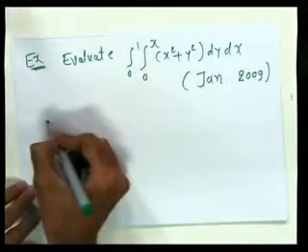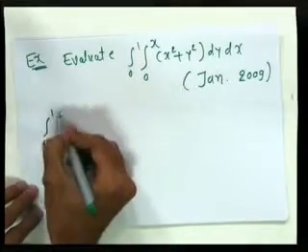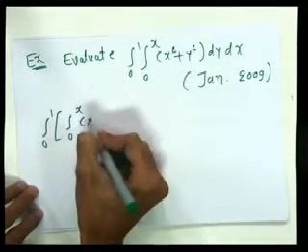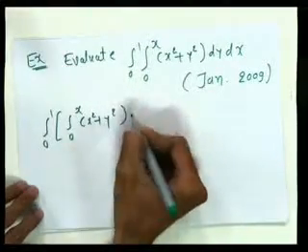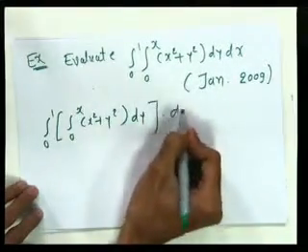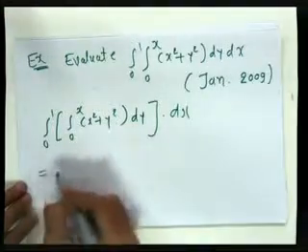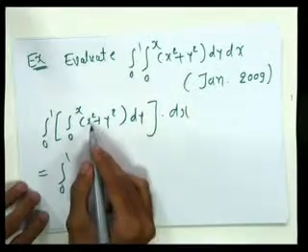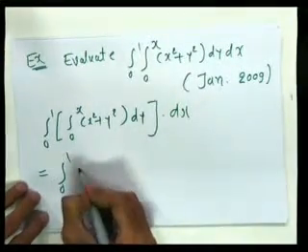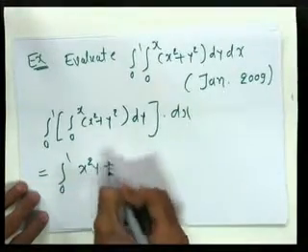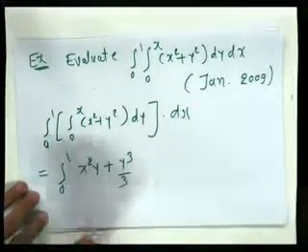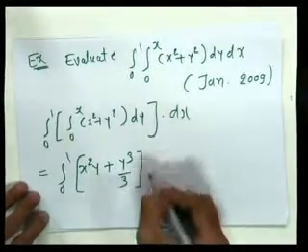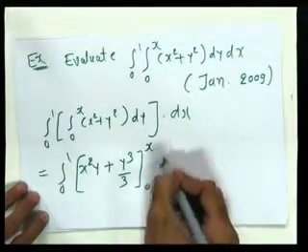Here first we will integrate this with respect to y first, and then with respect to x. So here, which is equal to 0 to 1, integration of x square with respect to y is x square into y plus y cube by 3, and the limit of 0 to x.